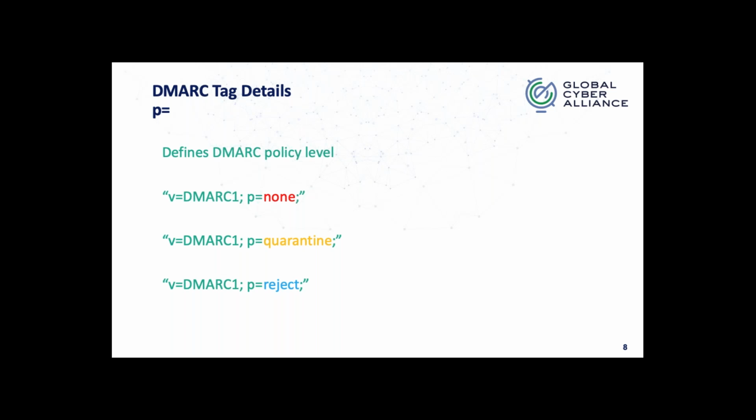That's what the P tag will apply to. So that's important to note. We'll talk a little bit more about subdomains a few slides later. So V equals DMARC 1 semicolon, and then the second tag has to be P equals none semicolon, and then the remaining tags you can put in any order.